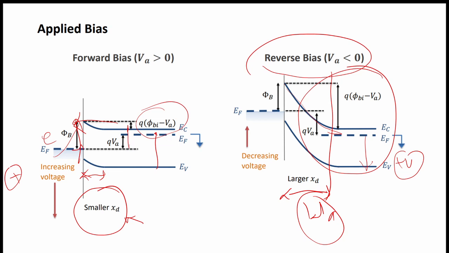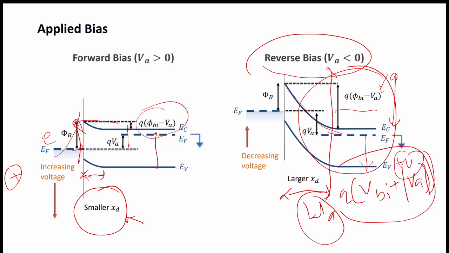Also the built-in potential, this barrier height, will increase to qV_BI minus V_A, as V_A already has the sign, since V_A is less than 0. Or we can say qV_BI plus mod of V_A.